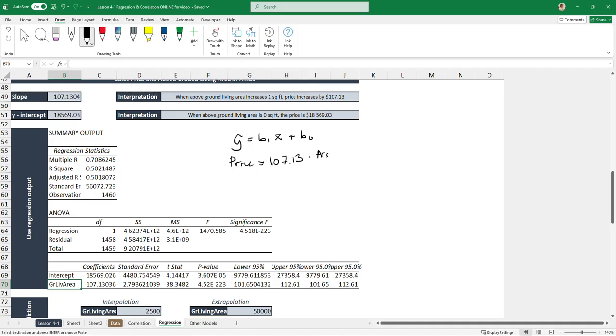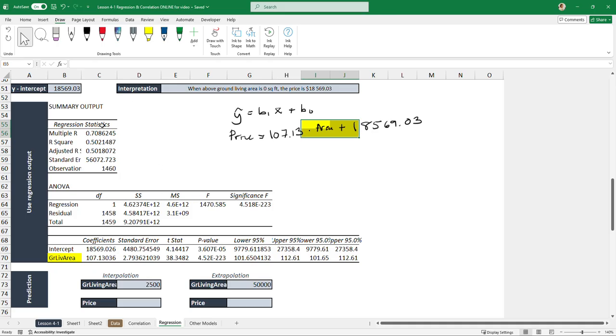I'll just call it area for short, plus the intercept, which is 18,569.03 approximately. So the reason it says ground living area is to remind you that this is the number that needs to be multiplied by the area when you're actually using the equation. And that is the final step. The whole reason that we're getting this equation is so that we can use it to make a prediction.